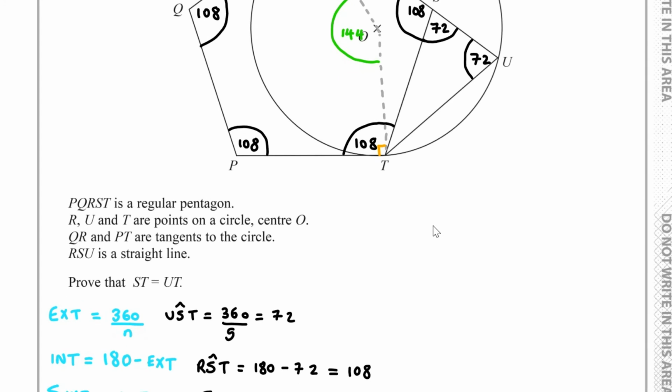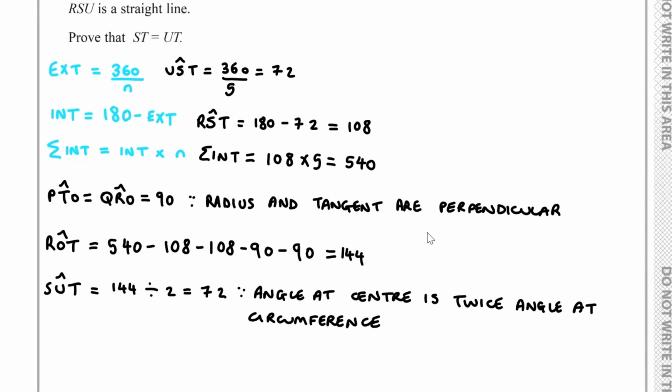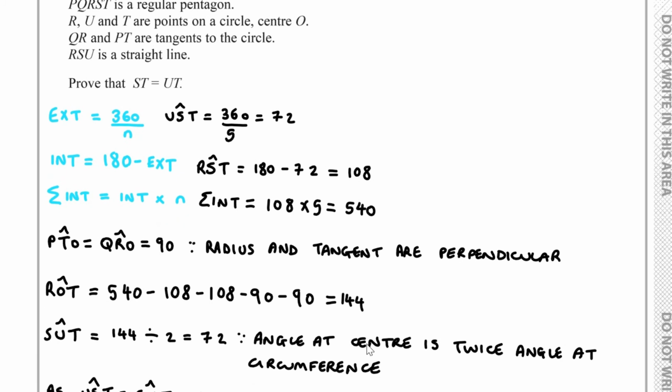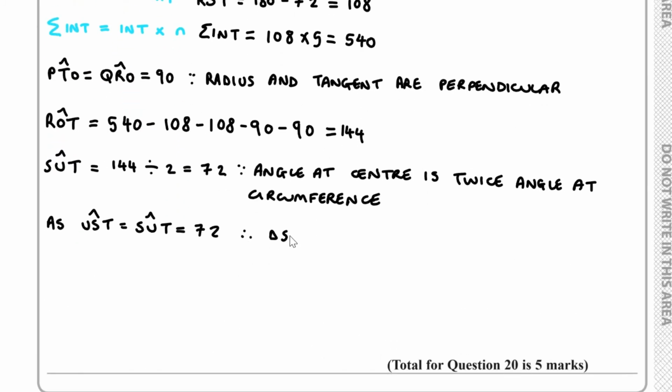Now because here UST is equal to SUT, which is equal to 72, we can therefore conclude that the triangle SUT is isosceles.